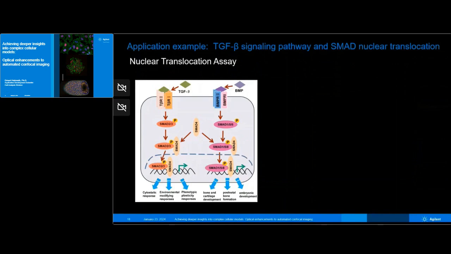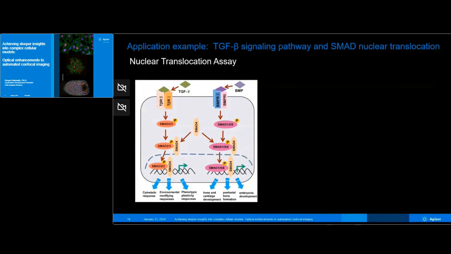Now, to illustrate how high throughput water immersion imaging can be useful, I'm going to describe a nuclear translocation assay where we are monitoring the TGF-beta signaling pathway, specifically the downstream SMAD nuclear translocation.